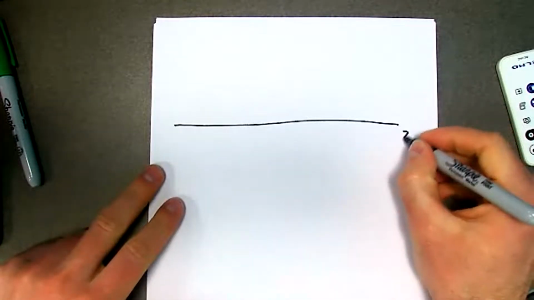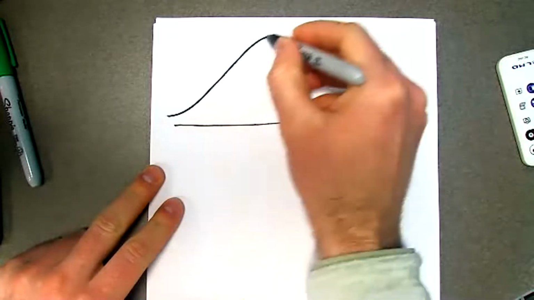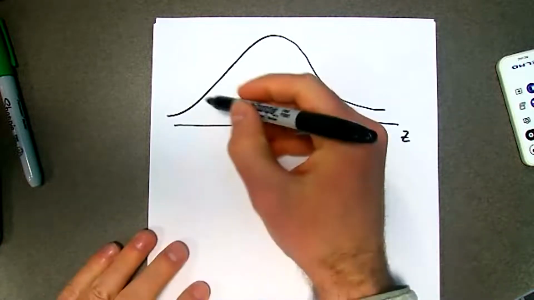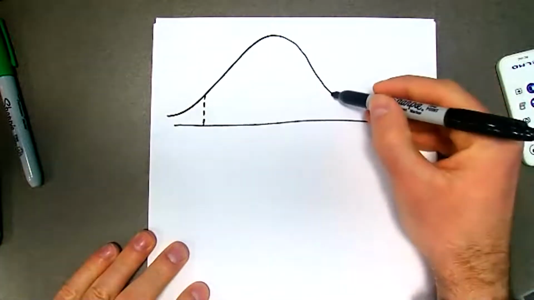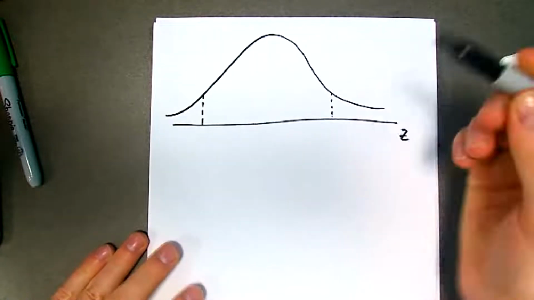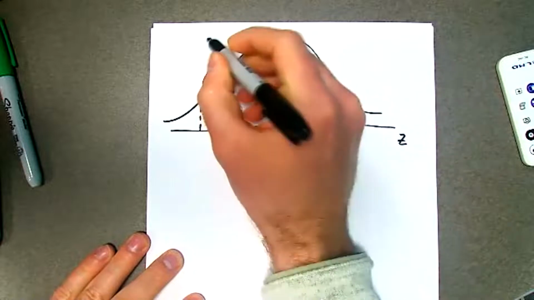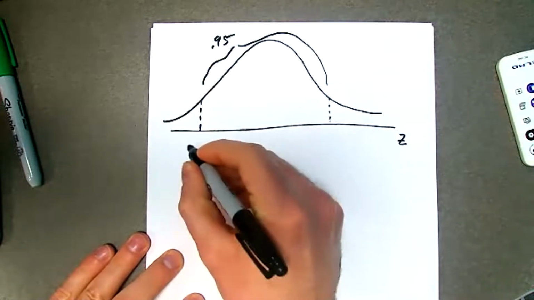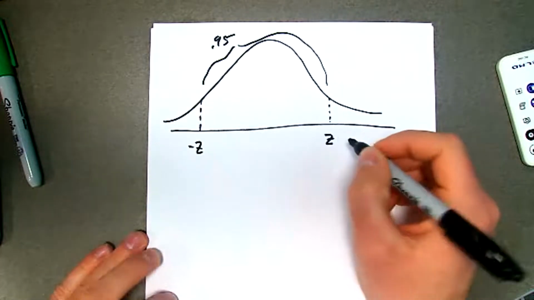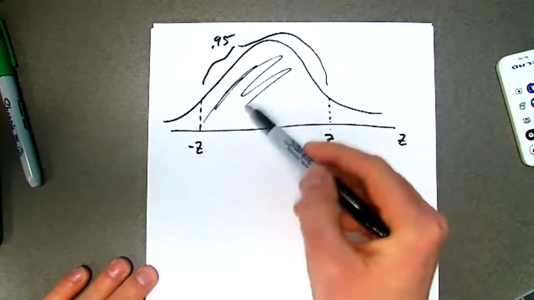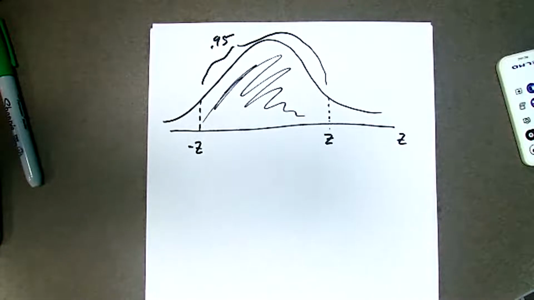If I'm thinking about z-scores, right? And let's say I want to do something with 95% confidence, okay? So if I think about 95% confidence as a proportion, it's 0.95. So there is some z-score value such that the area in between the negative and the positive z-score is 0.95.